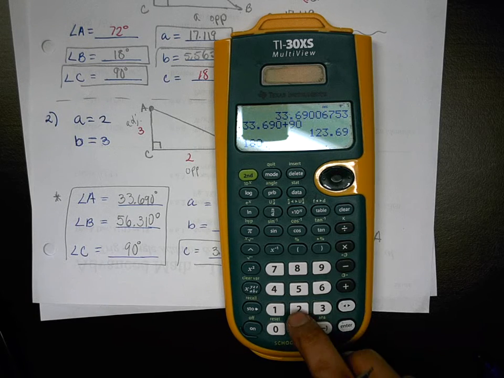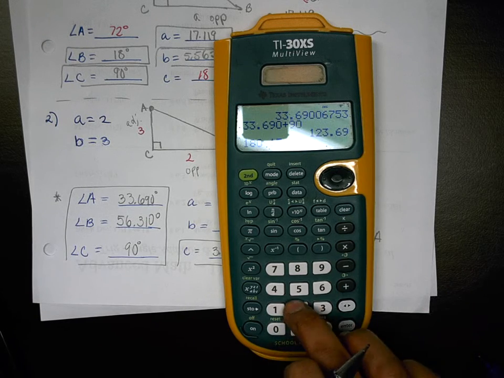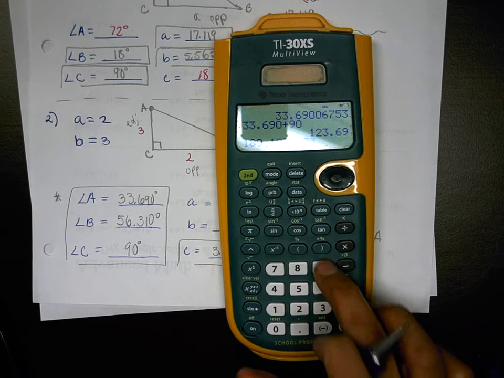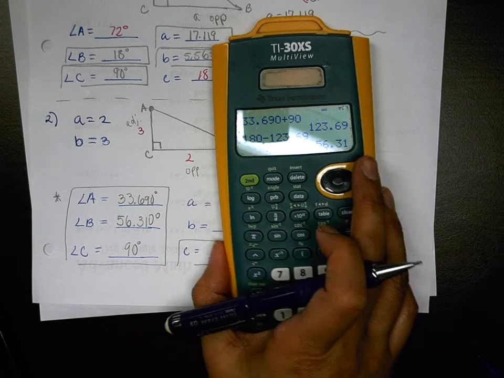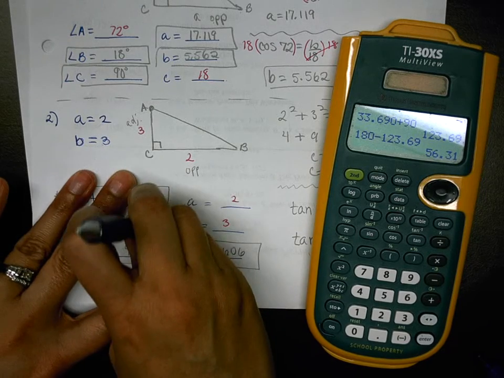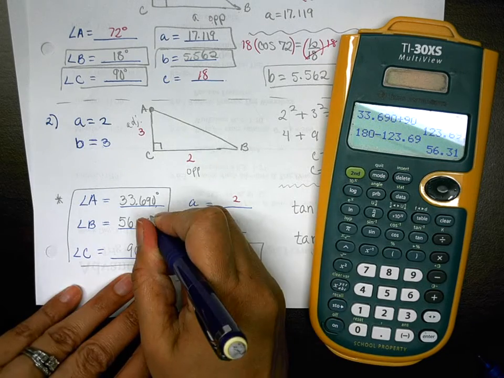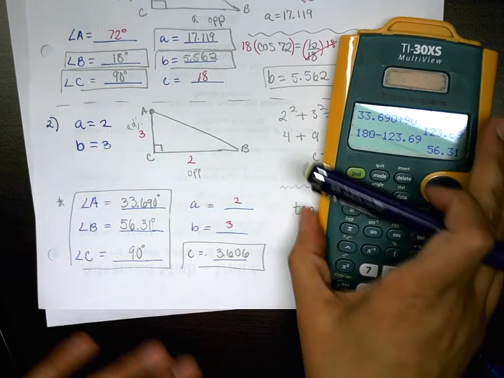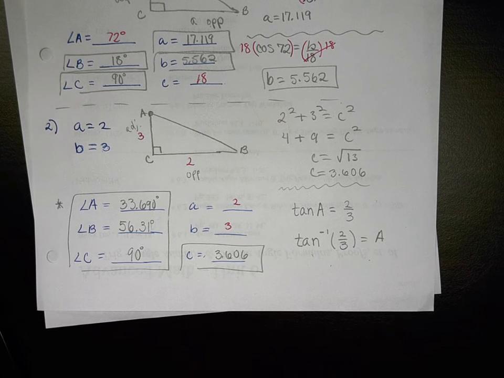Depends if you rounded, if you're using the 3 decimal point of A. If you are using the 3 decimal point to find it, then it's just 3-1. Oh, it's 56.30. Okay. Same rocket science. All right. Questions? Okay, moving on.